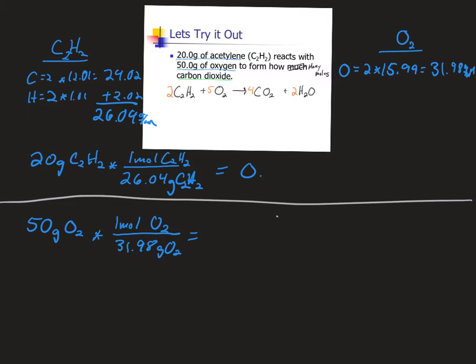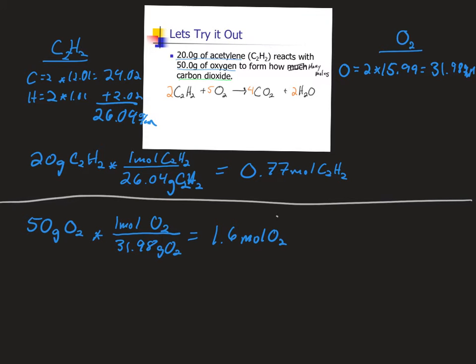I would have the number of moles of acetylene is 0.77 roughly, and that's acetylene. And then I have a little bit over 1 moles, 1.6 moles of oxygen.